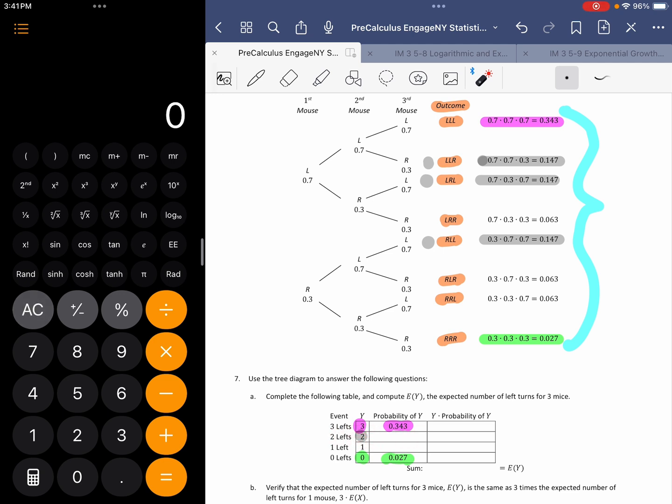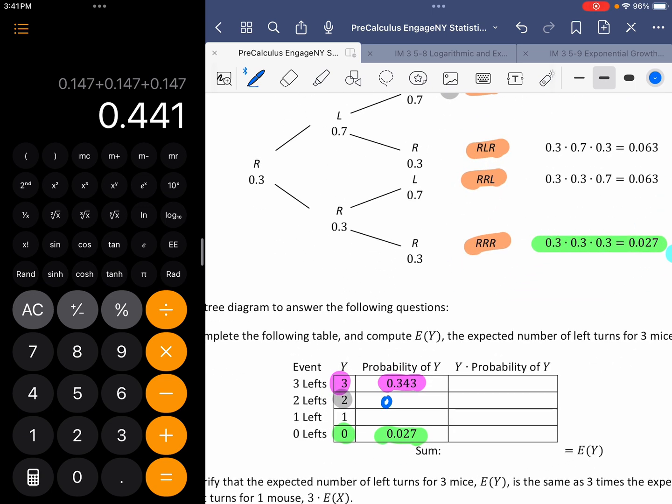So let's go ahead and do that over to the side. I'm going to add together 0.147 plus 0.147 plus 0.147. It probably would have been faster if I just multiplied 0.147 times 3. And I can fill in my table. So the probability that we're going to see 2 left turns out of 3 mice would be 0.441.